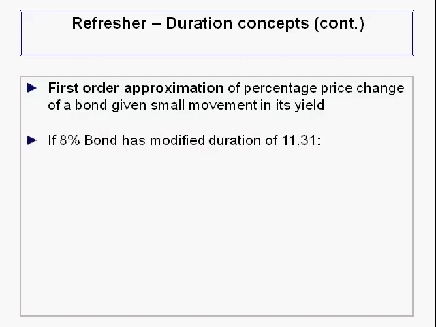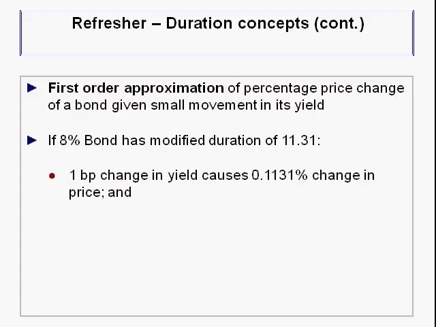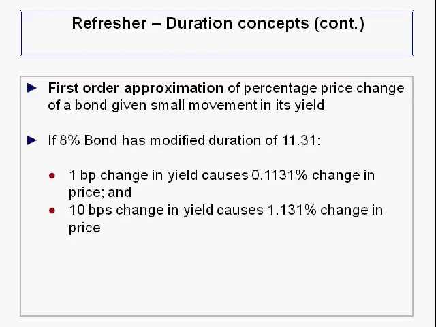If a 6% bond's modified duration is approximately 11.31, for example, it follows that a 1 basis point change in yields will cause an approximate percentage change in price of 0.1131%. And it also follows that a 10 basis point change in yields will cause an approximate percentage change in price of 1.131%.